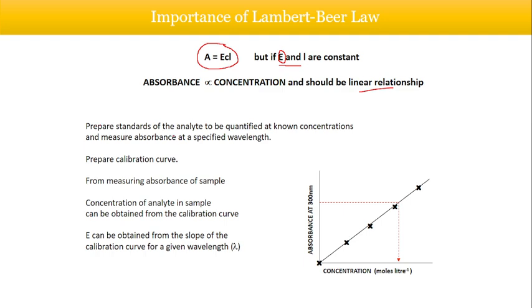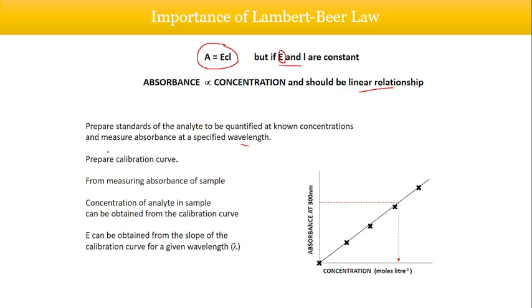We prepare standards of the analyte to be quantified at known and different concentrations and measure the absorbance at a specified wavelength. You keep the wavelength specific, prepare the standards of the analyte at different concentrations, and then measure the absorbance using a cuvette.